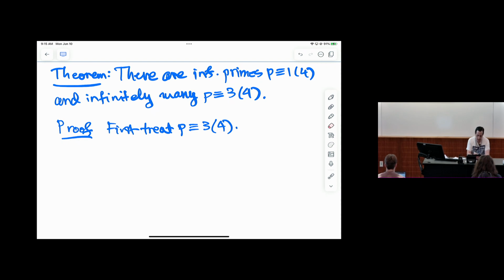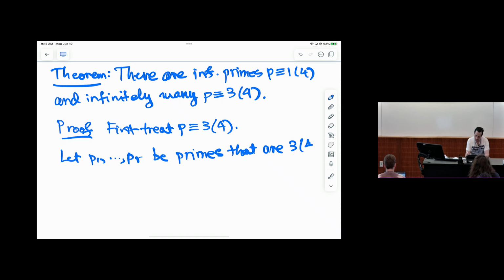So let's let P1 through PR be primes that are 3 mod 4, any finite list of primes satisfying that condition. Okay, there certainly are examples.